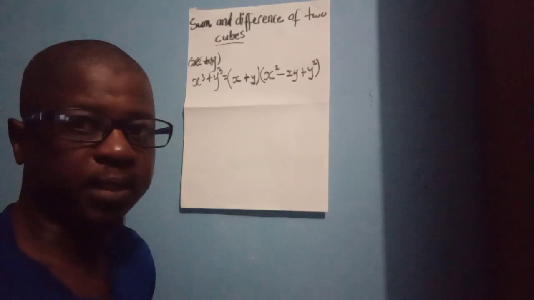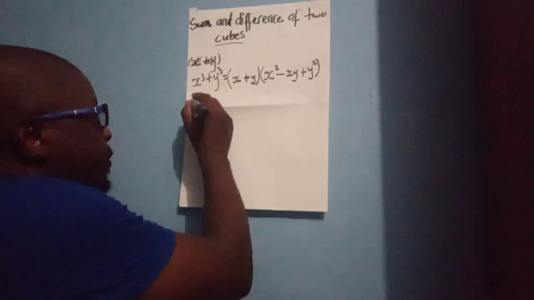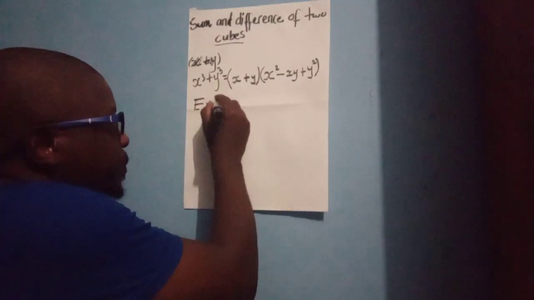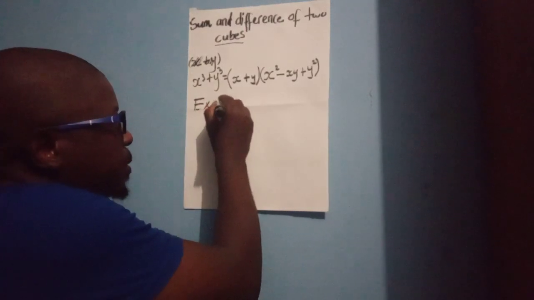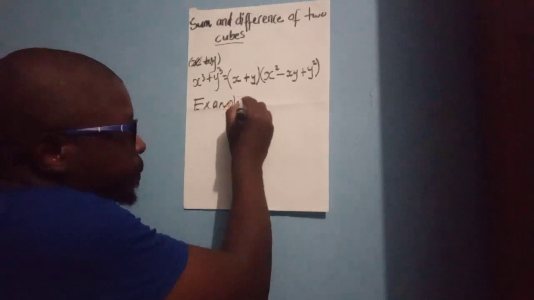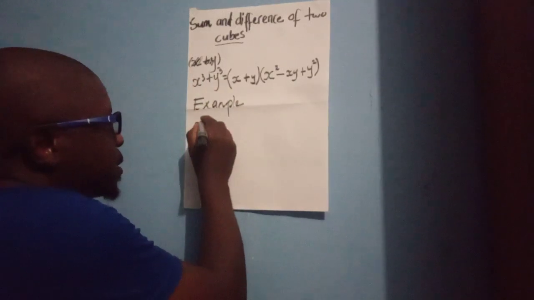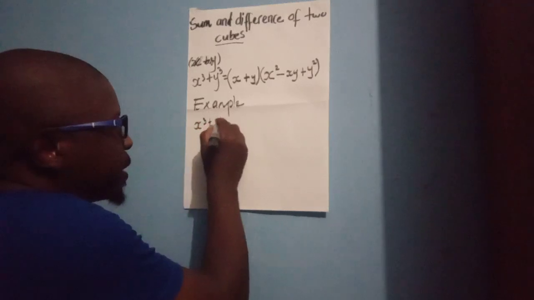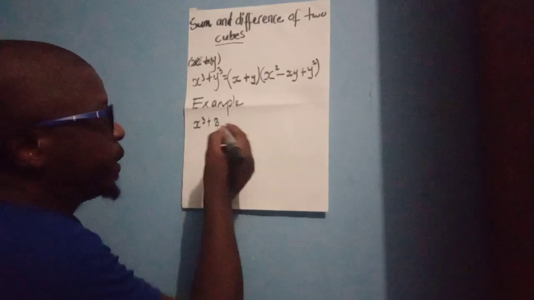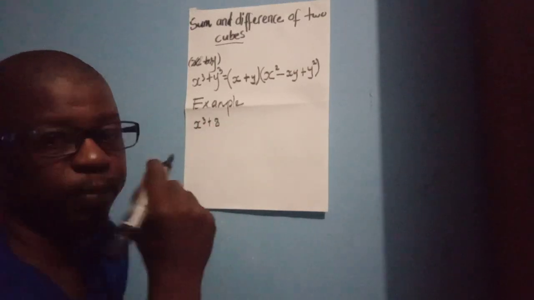Let's see if we can have an example. If we have x cubed plus 8, how do we express this?